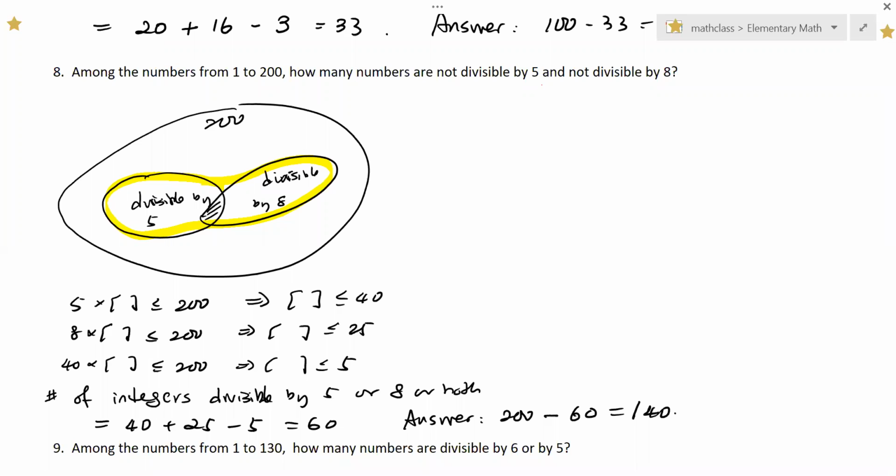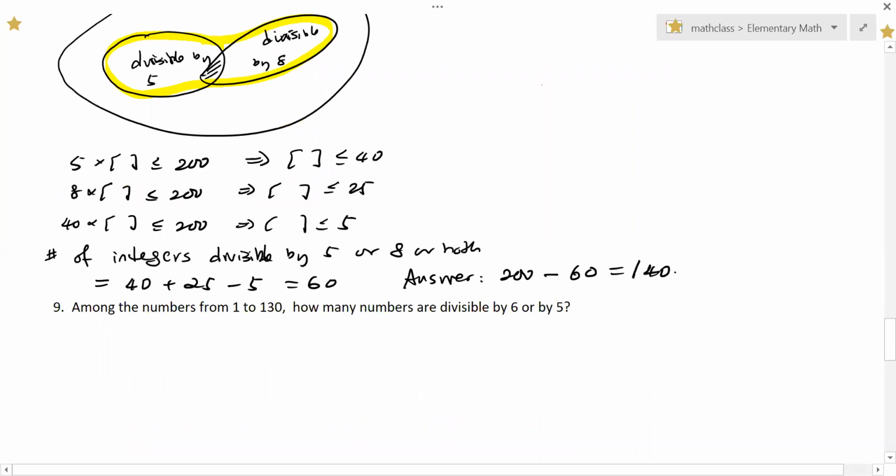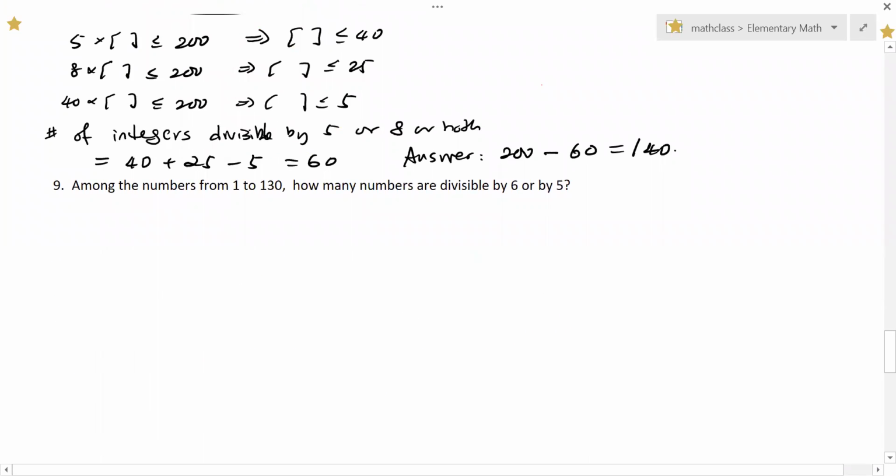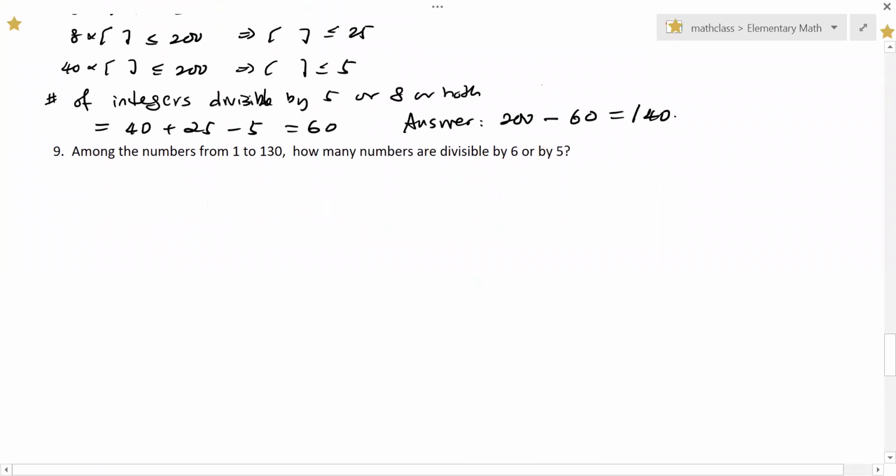But good. So now let's take a look at next one. I hope you can finish it by yourself. Among the numbers from 1 to 100, how many numbers are divisible by 6 or by 5? Okay, that's straightforward.